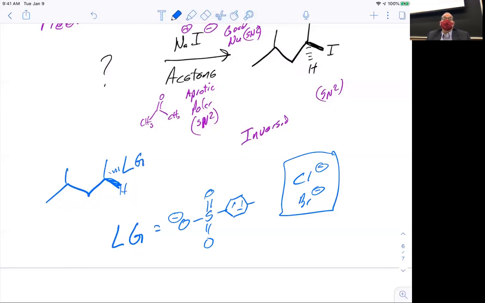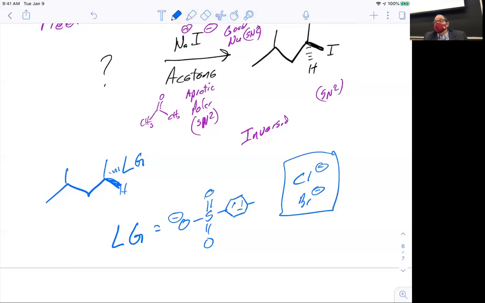Now if it had not been iodine, there might have been several good leaving groups, but the iodine specifically, I need to be careful about my leaving group. Now this will most often be a multiple choice type question. Picking the right leaving group out of the assortment of millions of possible leaving groups is a little tough.